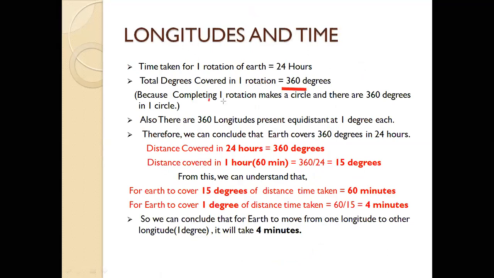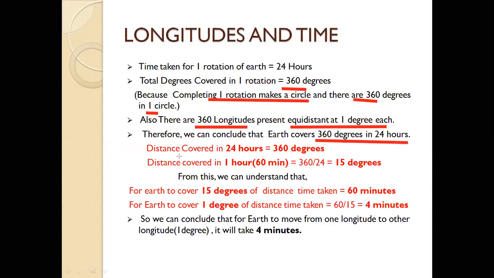Because completing one rotation makes a circle, and there are 360 degrees in one circle, and also there are 360 longitudes present equidistant at 1 degree each. Therefore, we can conclude that Earth covers 360 degrees in 24 hours, that is 1 day.